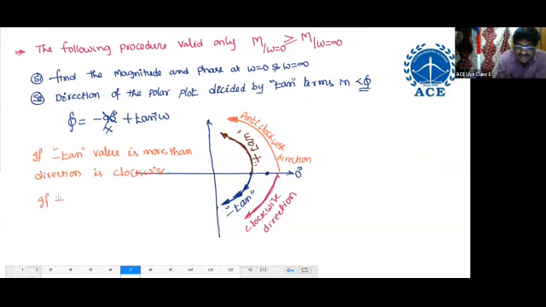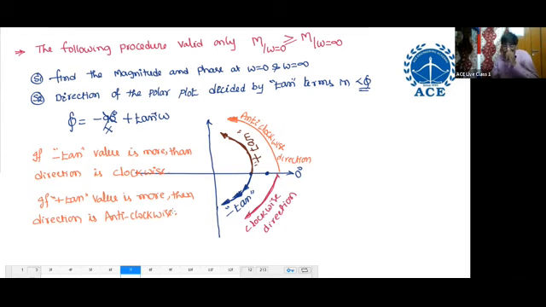If the positive tan value is larger, then the direction is anti-clockwise. Remember, the main thing is to identify the directions, which tan term is dominant.